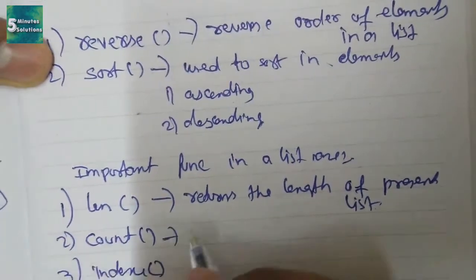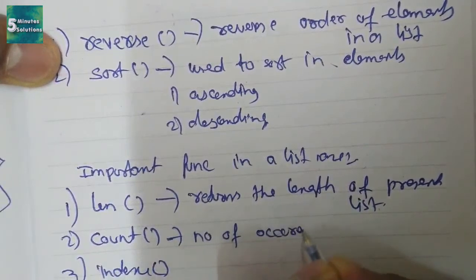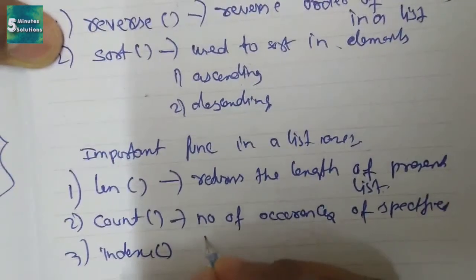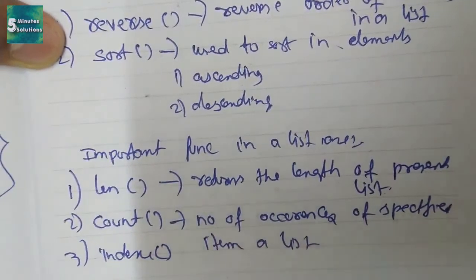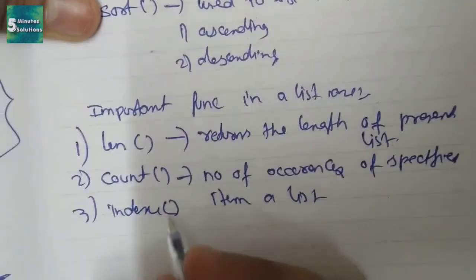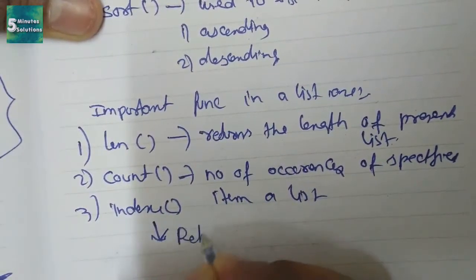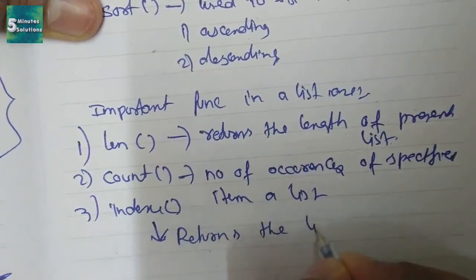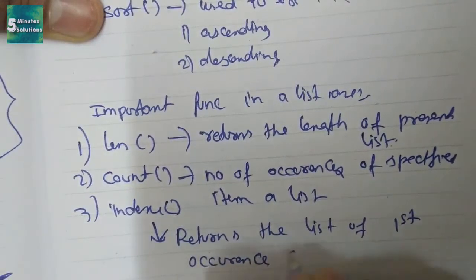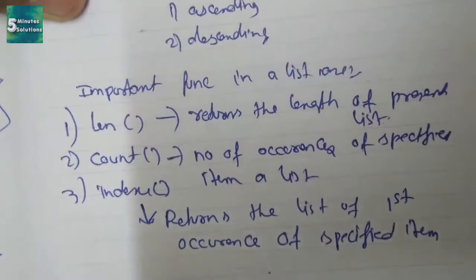The count function will return the number of occurrences of a specified item in a list. And the third one, the index function, is used to return the index of the first occurrence of a specified item.